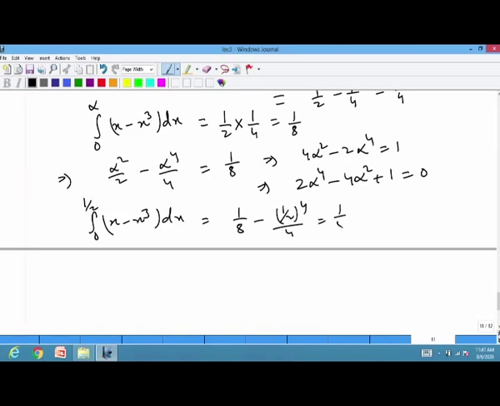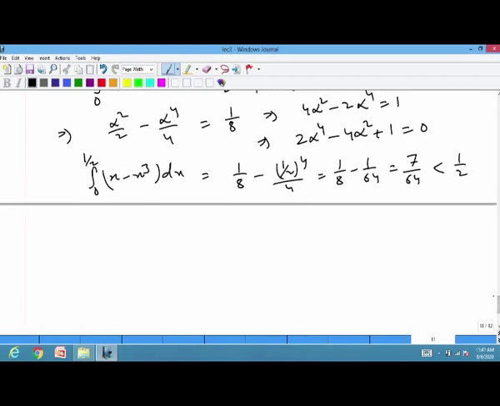So, this is 1 by 8 minus 1 by 64, which is 7 by 64, which is less than half. So, if we integrate from 0 to half, we get the area which is less than half. Therefore, alpha must be bigger than half. This implies alpha has to be between half and 1.